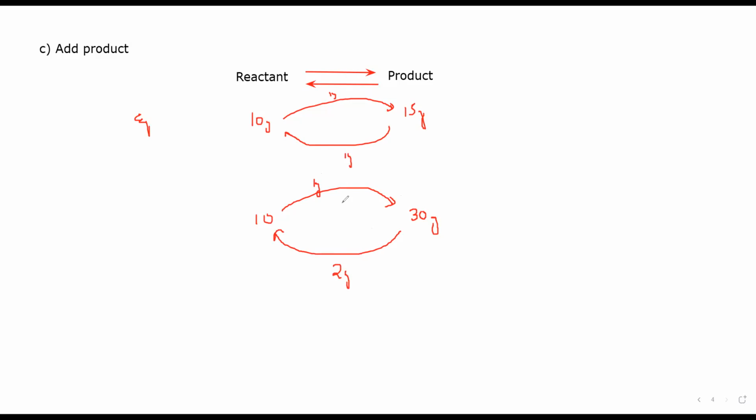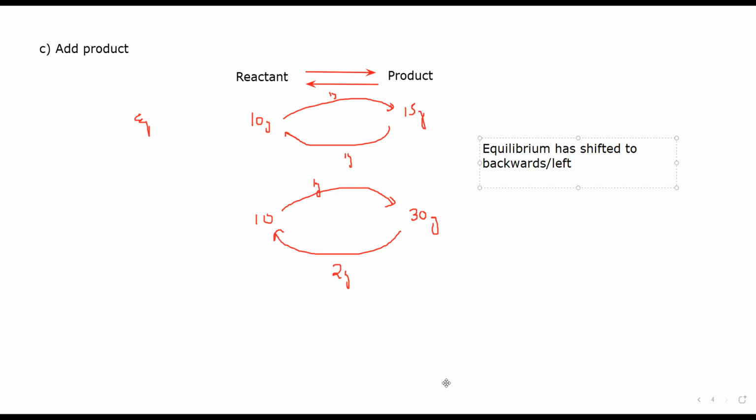So you can see the forward and the backward reactions are disturbed, the rates are changed. So which direction is the equilibrium shifted? Equilibrium is shifted backward or towards left. You can write both, backward or left. Both are correct.